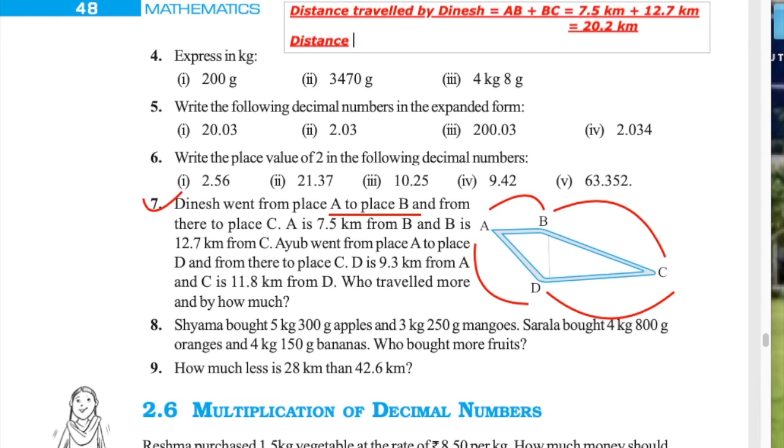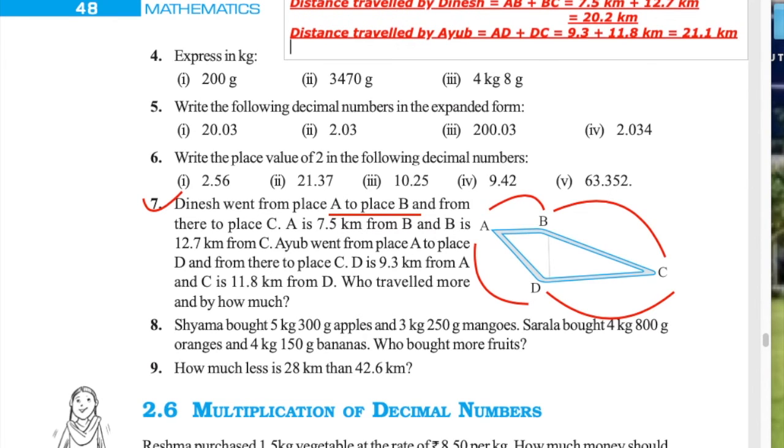Now next is Ayub. How much is the distance traveled by Ayub? He went from A to D and then D to C. D is 9.3 kilometers from A, plus C is 11.8 kilometers from D. If you add, you get 21.1 kilometers.